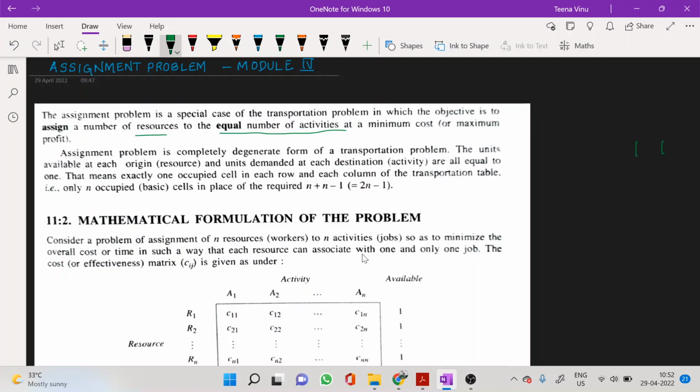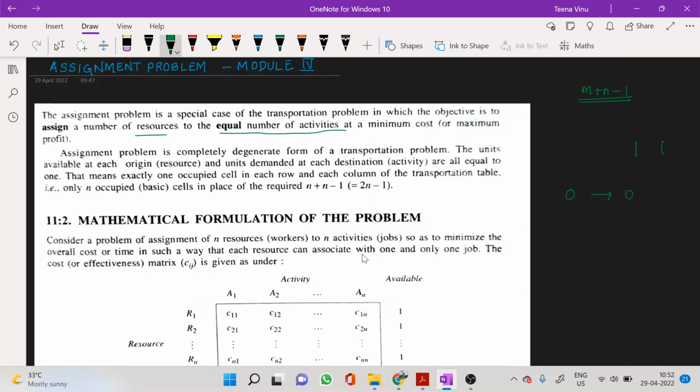Now this assignment problem is a completely degenerate form of transportation problem. We know that in transportation problem we have m plus n minus 1 basic feasible solution, and if the number is exactly m plus n minus 1, we say that the transportation problem is a balanced one. Whereas in assignment problem, we assign a resource to exactly one of the activities, or we assign one origin to exactly one destination.